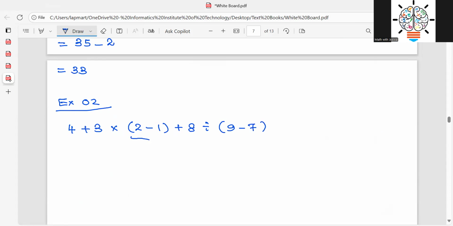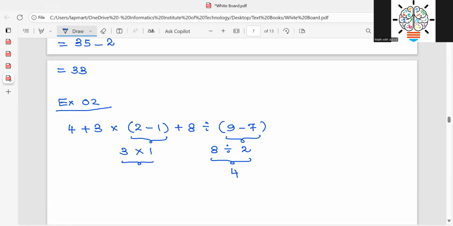2 minus 1, what is the answer? The answer is 1. 9 minus 7, what is the answer? 2. In front of the bracket, what do I have? Division and 8. 8 divided by 2, what is the answer? 4. In front of the bracket, what do I have? Multiplication 3.